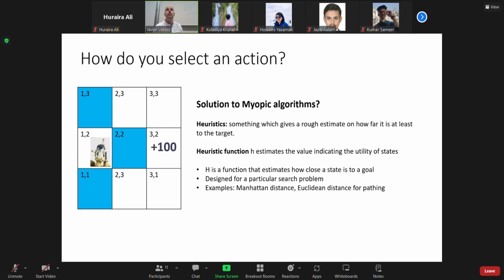Do you know that this is what ants do? And this is the metaheuristic of ants. So let's say that you have an ant colony here, and there's some food.